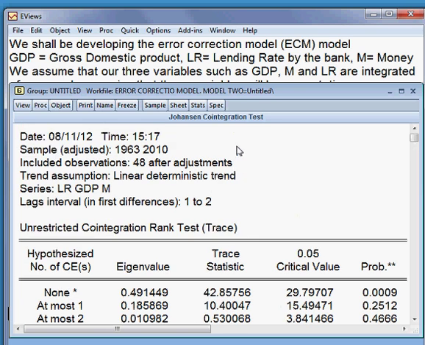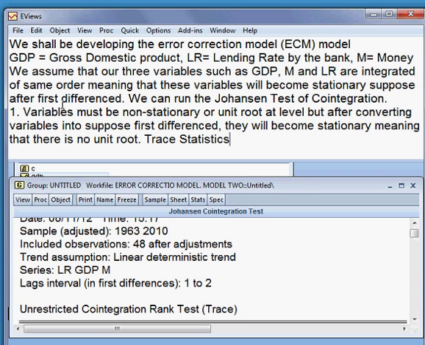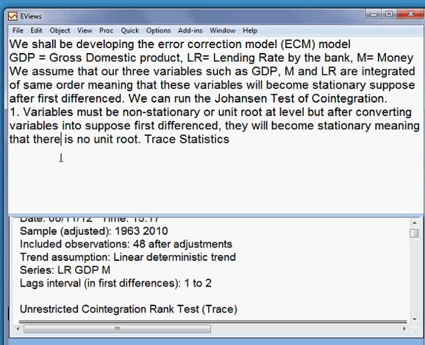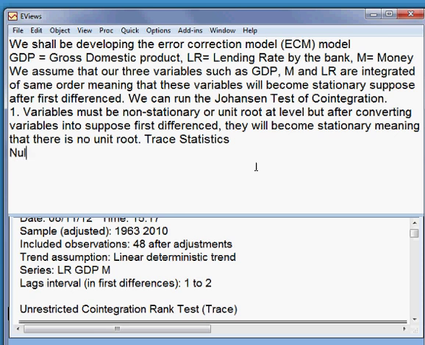And what is our null hypothesis? The null hypothesis is that there is no cointegration.